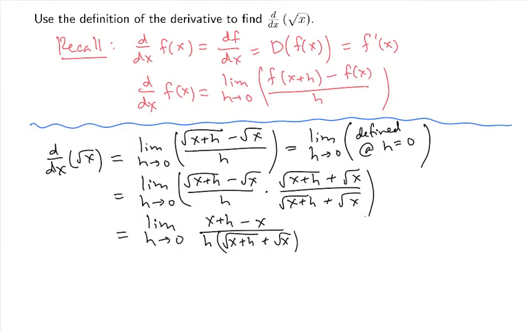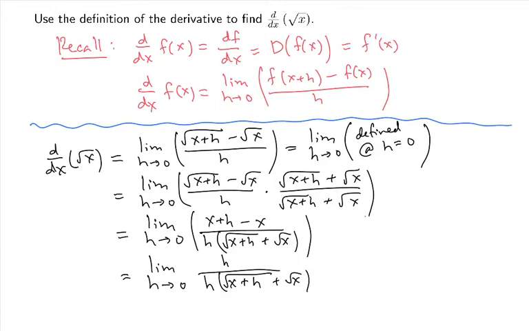And now I stand back and look at what will cancel. Notice that this x and negative x cancel. So on the next line I have the limit as h goes to 0 of what? Well, on the numerator I just have h. On the denominator I have the same thing, h times the quantity root x plus h plus root x.